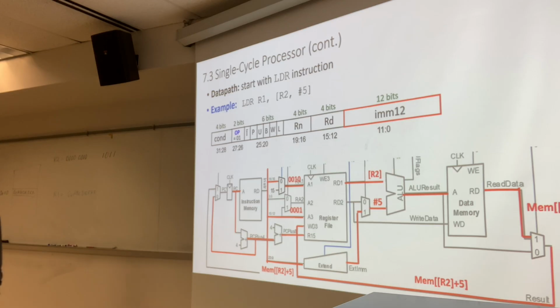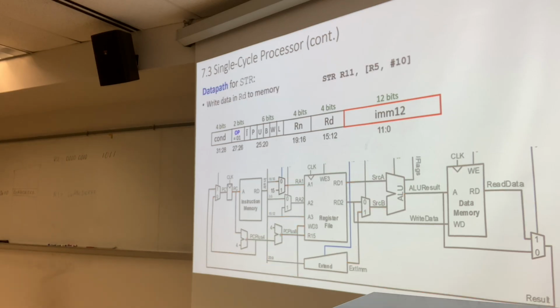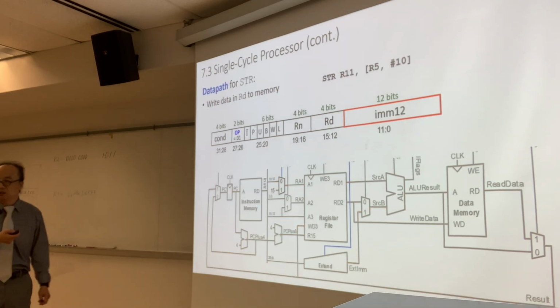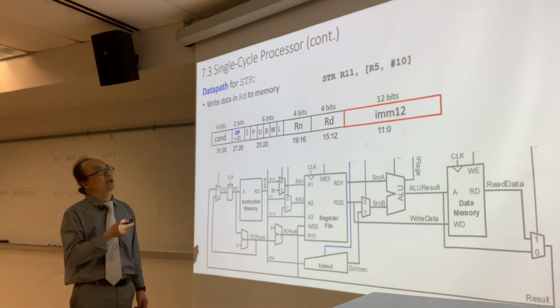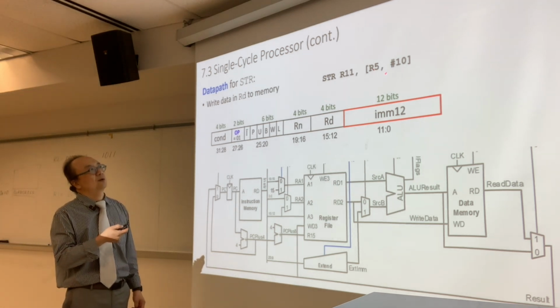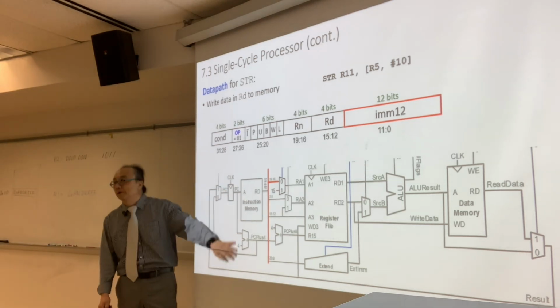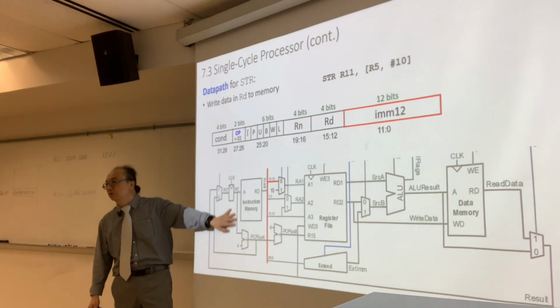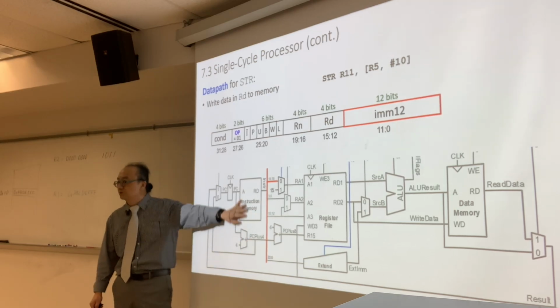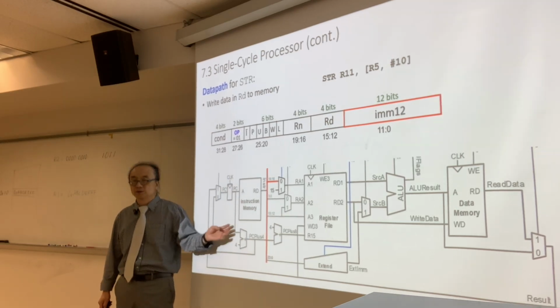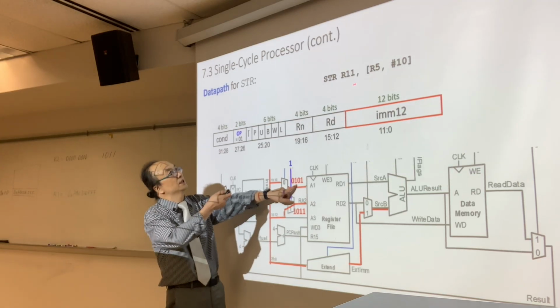What's the next memory instruction? STR. Copy this down. In your second diagram, you copy down STR, R11, R5, and 10. Then we have PC, PC plus 4. That's always there. We are not going to highlight it. I'm not going to ask you to find any values in here. It's obvious. 19 through 16, R5.